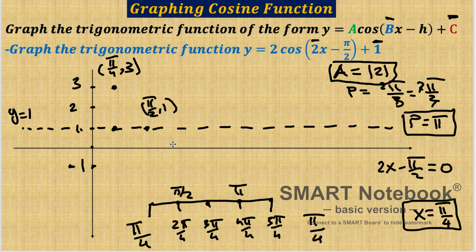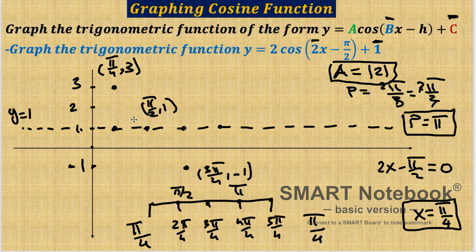But now it goes to 3 pi over 4. 3 pi over 4 is going to hit the graph of the function at this point, and with the coordinates it is 3 pi over 4 and minus 1. And now it goes to pi.